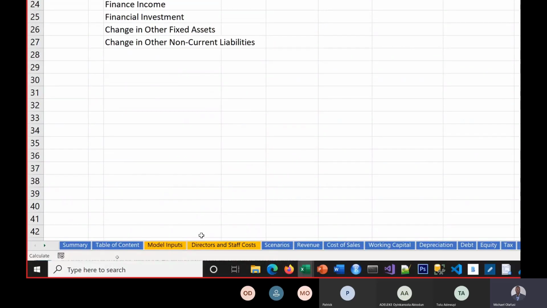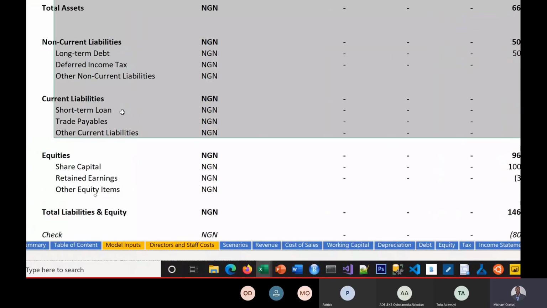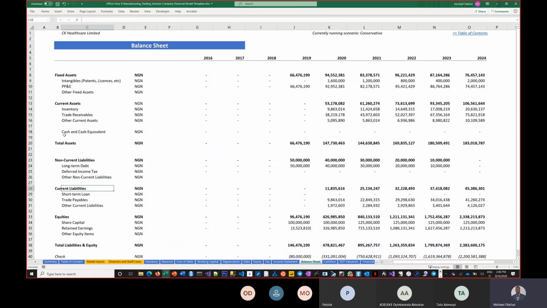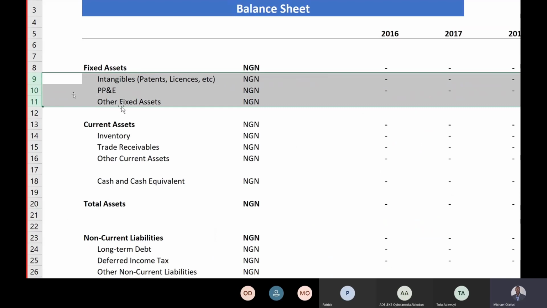If you look at your balance sheet, anything that you spend on Capex is going to reflect here on the fixed asset side. So all Capex, which is capital expenditure, impacts your fixed asset side.